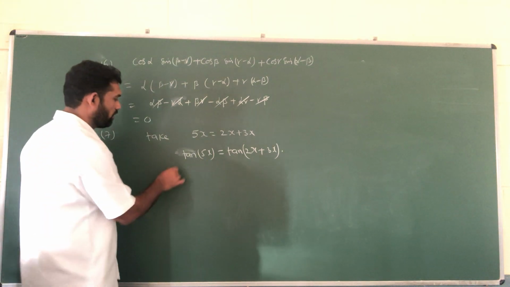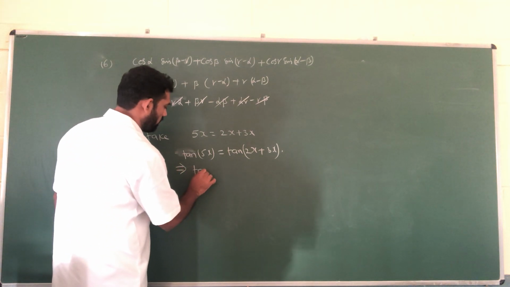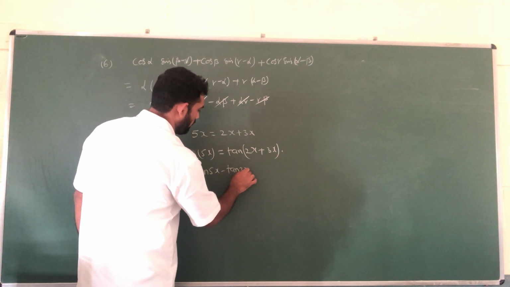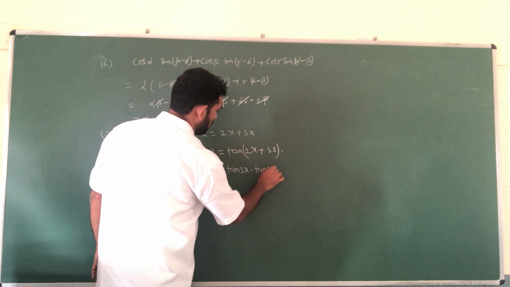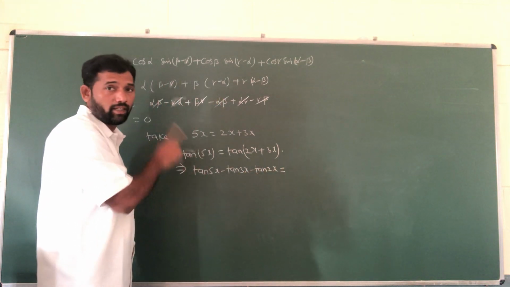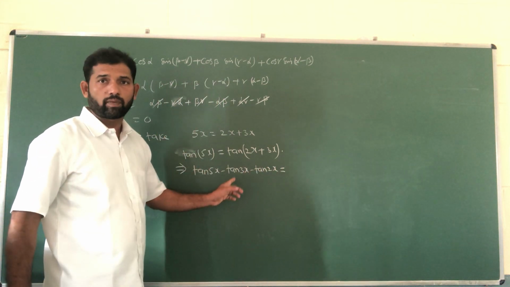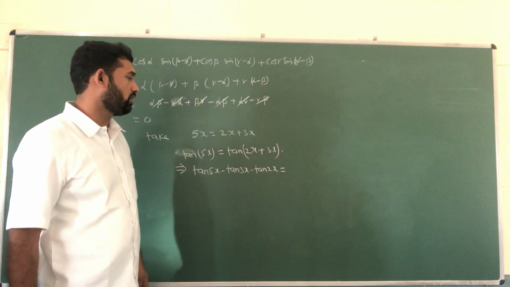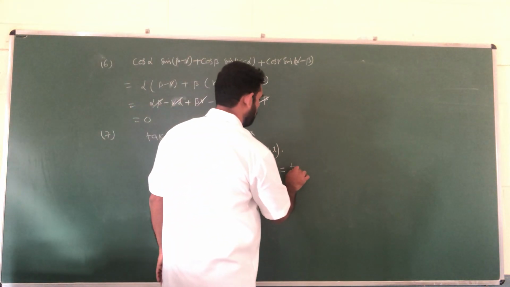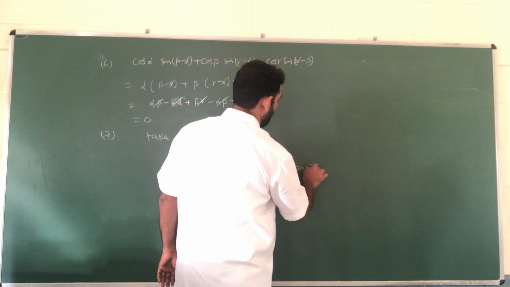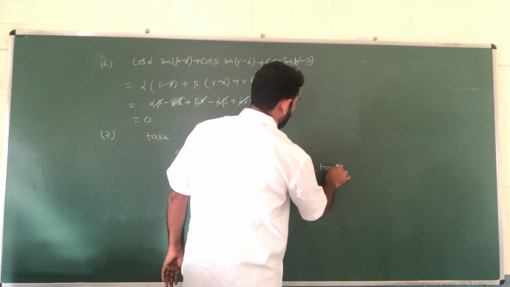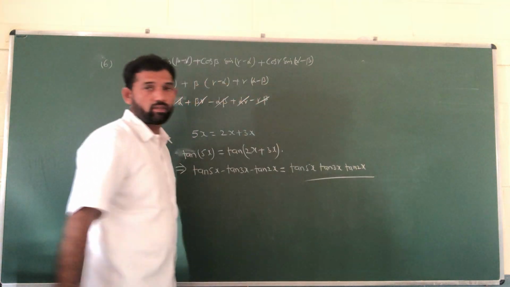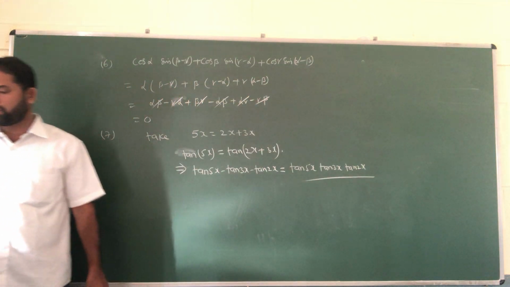Simplified, tan 5x minus tan 3x minus tan 2x, this model problem is already explained. So tan 5x minus tan 3x minus tan 2x equal to tan 5x tan 3x tan 2x. That is our solution. Note down fast.